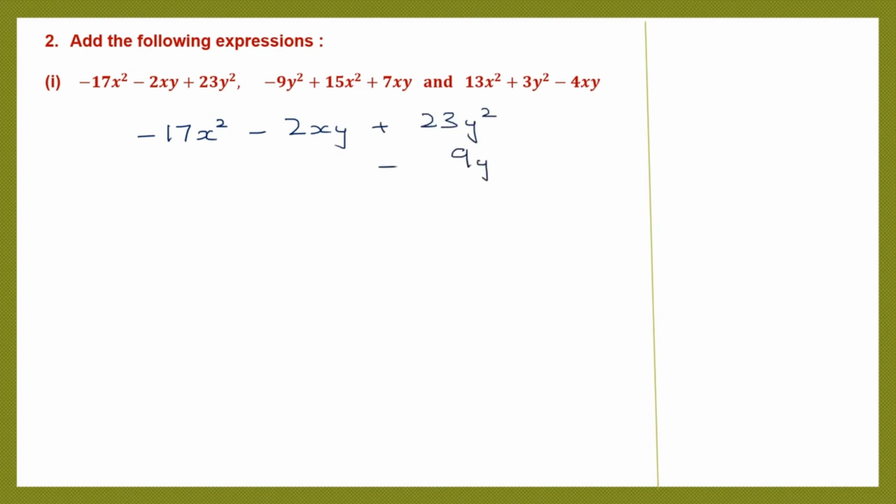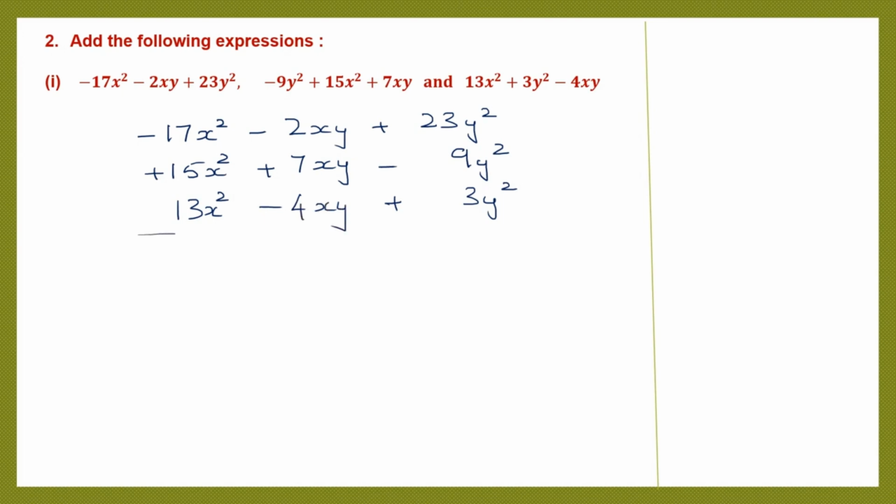Minus 9y square plus 15x square plus 7xy. Third one, 13x square. So 13x square plus 3y square minus 4xy.